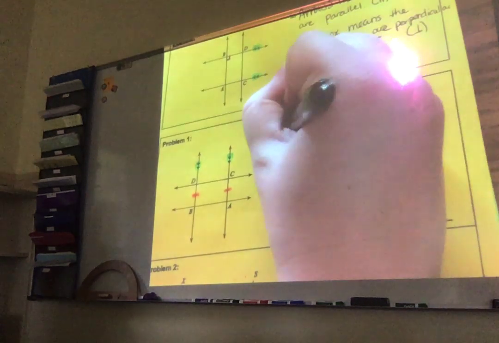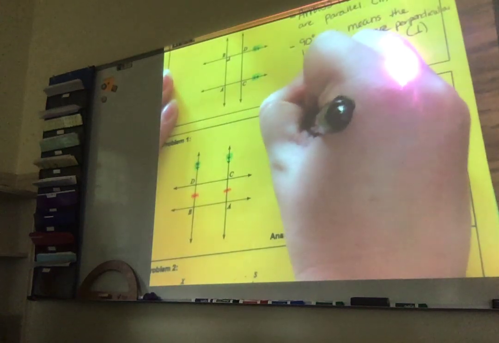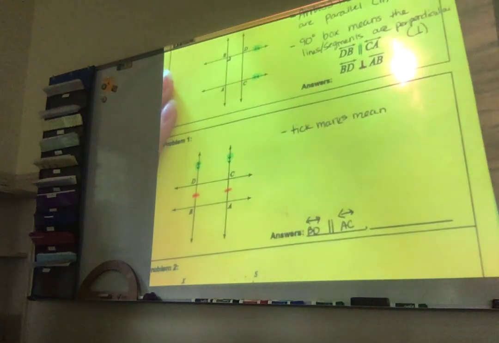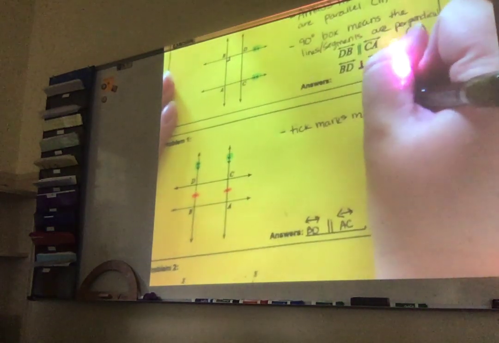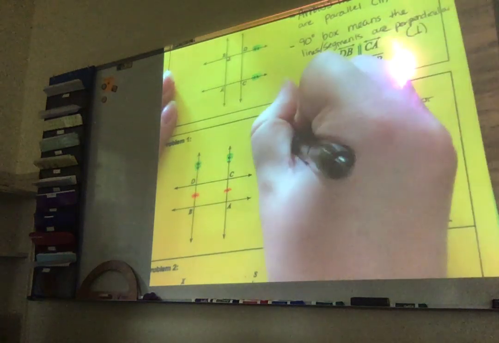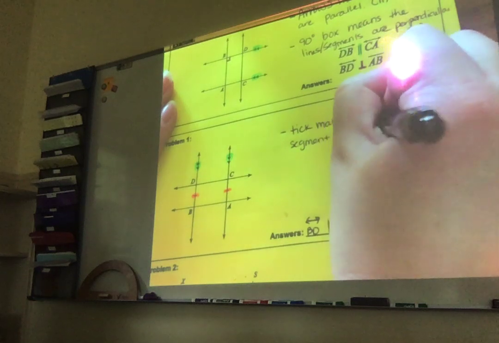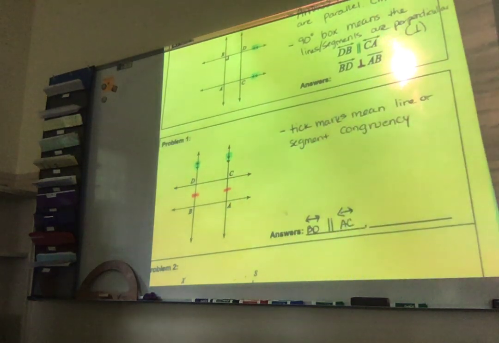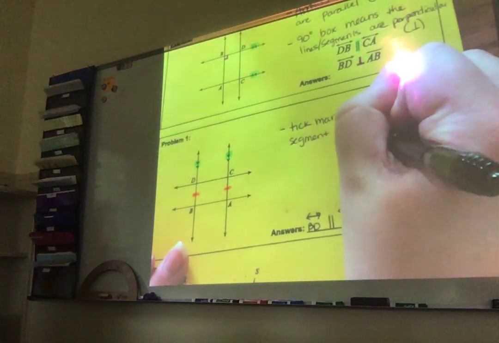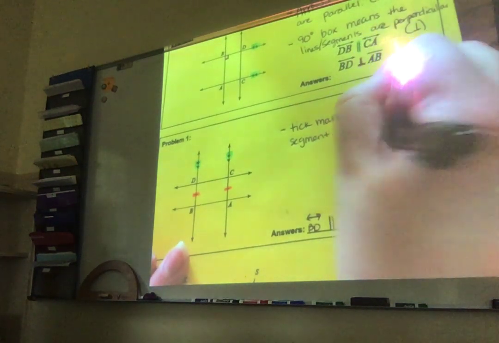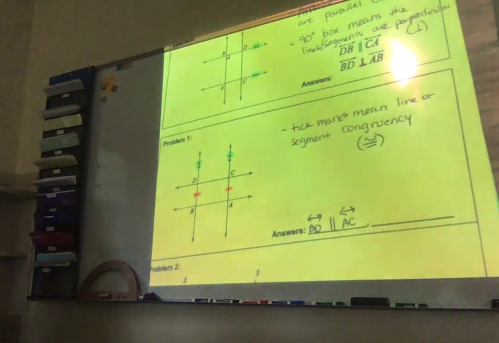And then off to the side, we're going to write tick marks mean line or segment congruency. Anyone remember the symbol for the word congruent? There's an equal sign with a squiggle. Yeah, so a squiggle on top of an equal sign.